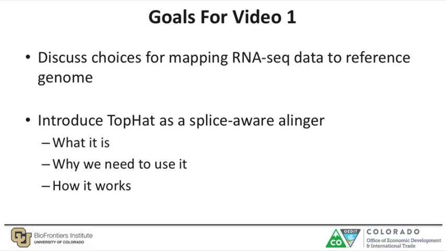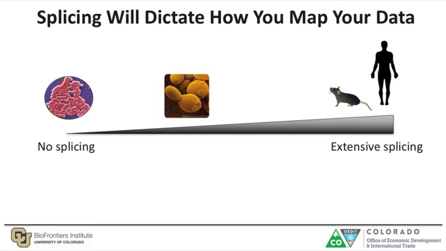works. Splicing is a method of RNA editing that removes non-coding intronic sequences from pre-messenger RNA. When performing RNA sequencing, we are predominantly sequencing the mature forms of RNA, meaning that the mRNAs that we sequence will be spliced.